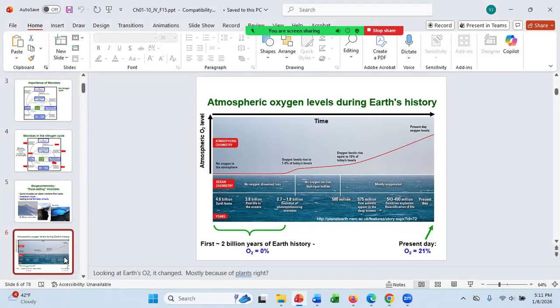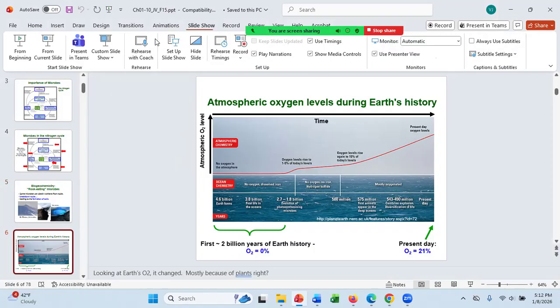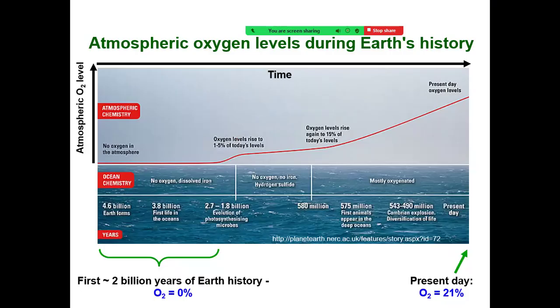Microbes are also important in the level of oxygen in the atmosphere. Let me blow this slide up so you can see it better. If you look at the level of oxygen over the Earth's history, you'll find that in the early Earth's history, the oxygen level was 0.